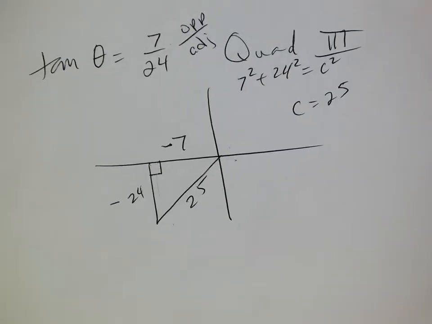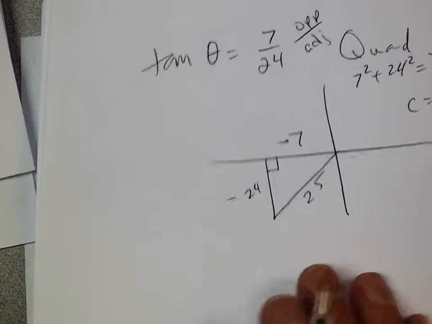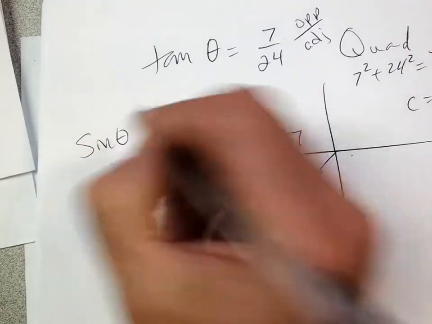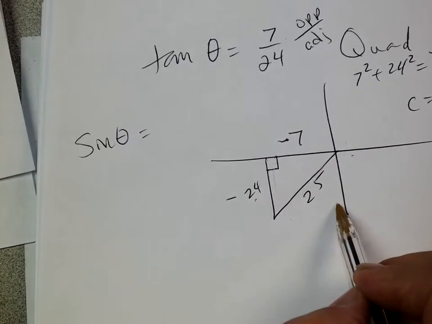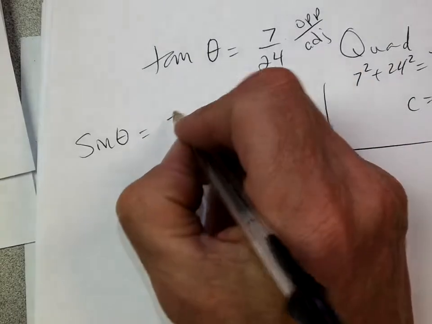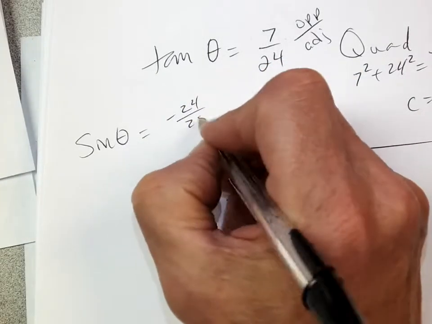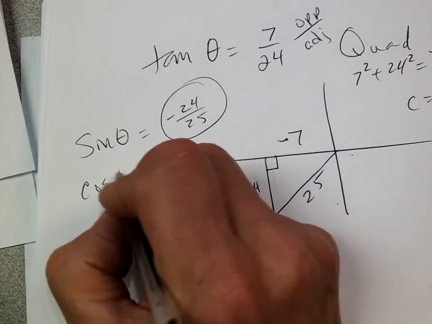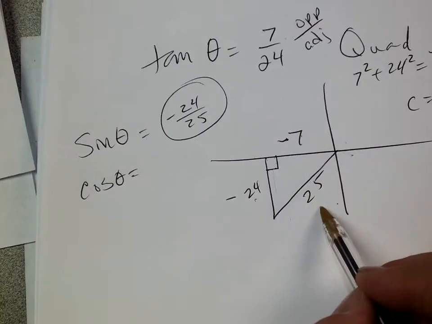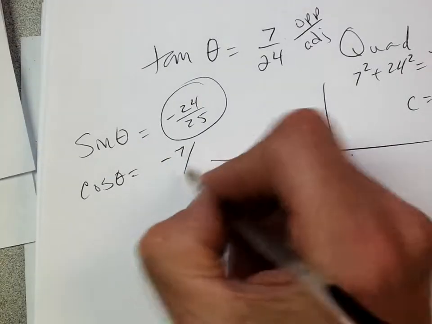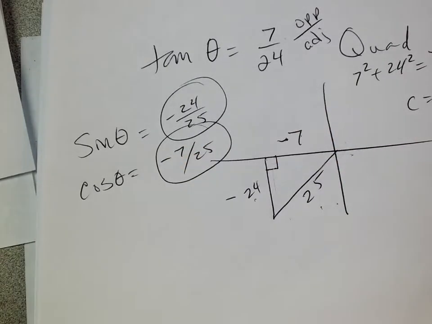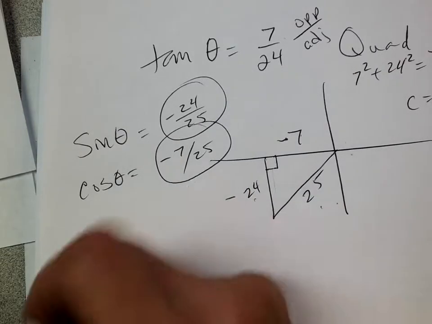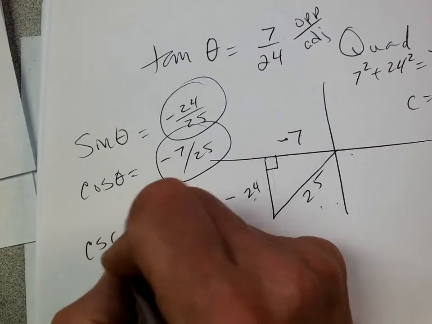Okay, now let's set everything up. Right off the bat, we can do sine of theta. Well, sine is opposite over hypotenuse. -24 over 25. That's your answer. Cosine is adjacent over hypotenuse. -7/25. Easy, right? Tangent's done. We don't need to do tangent. Let's do cosecant of theta.